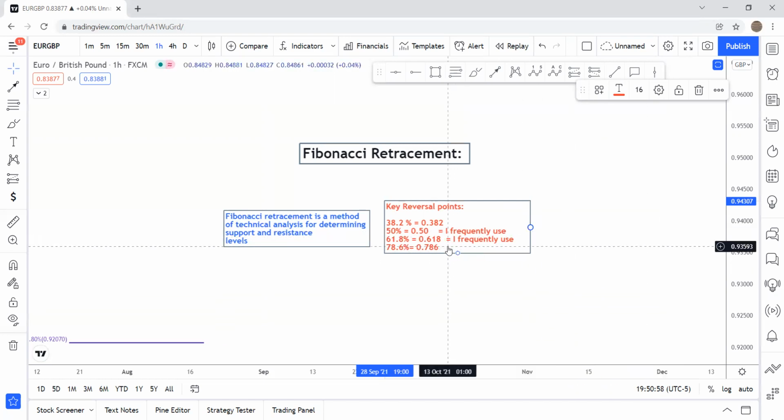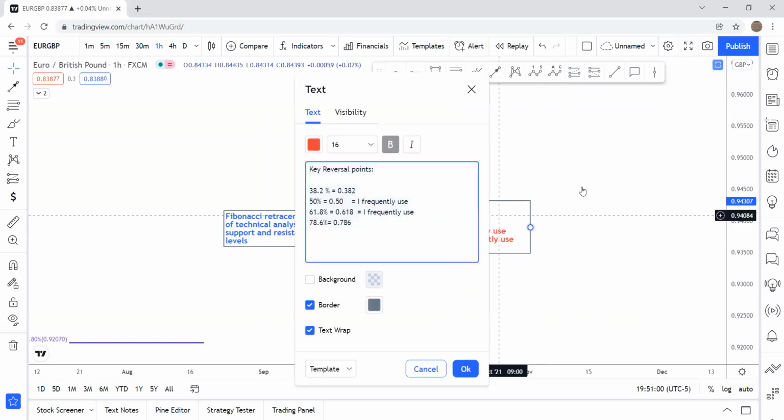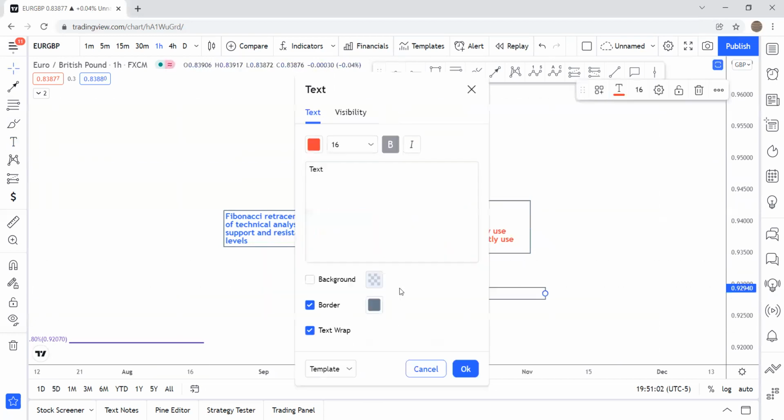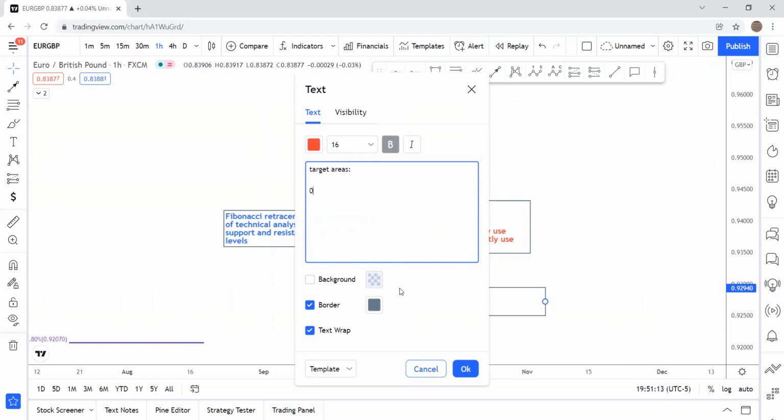Also, we have the target areas. Like I said, target areas would have the 0% area, and that's target one. Let's make that TP1.